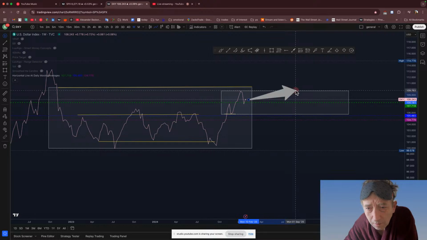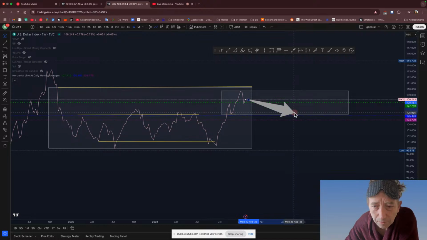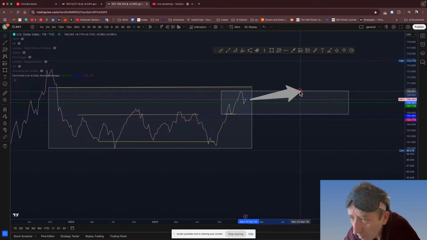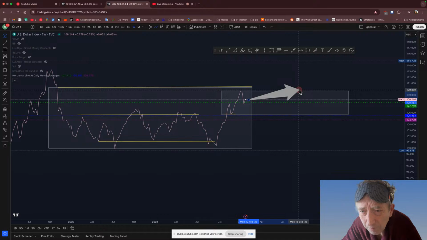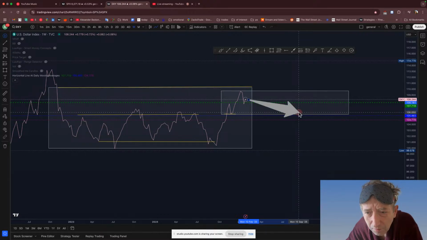So with margin, I suppose you could turn your 5,000 into something. But it's such a tight range though, isn't it? 109 to 106.5. So three difference. The height of that range is 4.